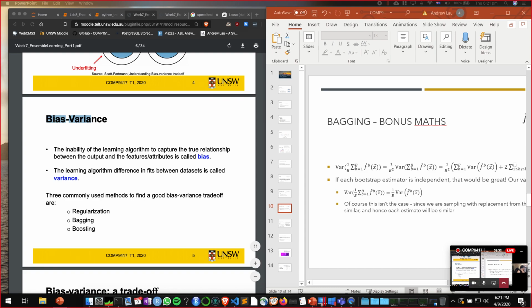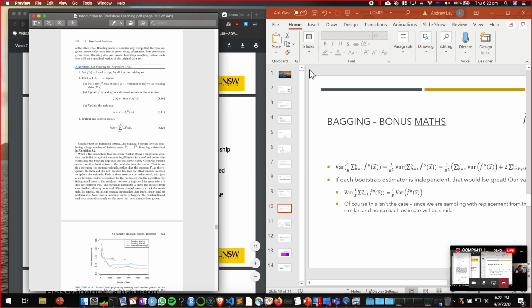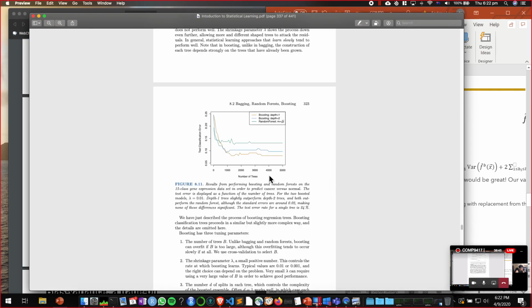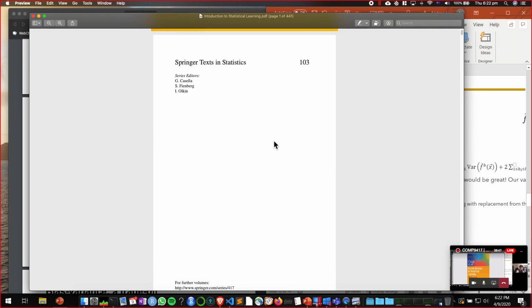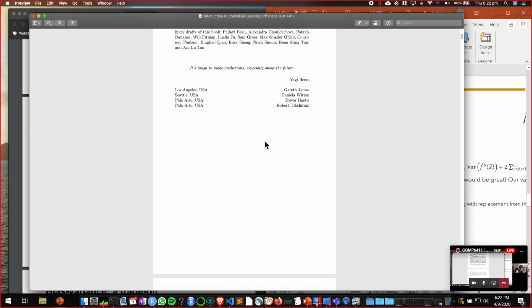Uni textbooks. Okay, so this is that book I was raving on about. I think it's a really, really good book. I think it was at the top somewhere. I'll see if I can find it. There's a really good graph which demonstrates this concept of the bias variance trade-off.